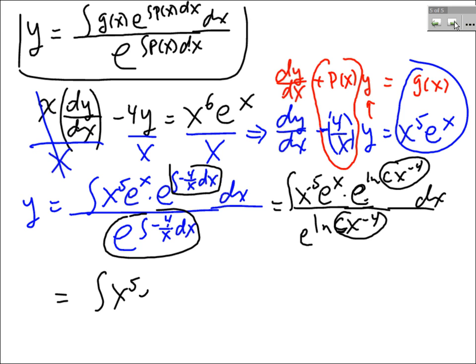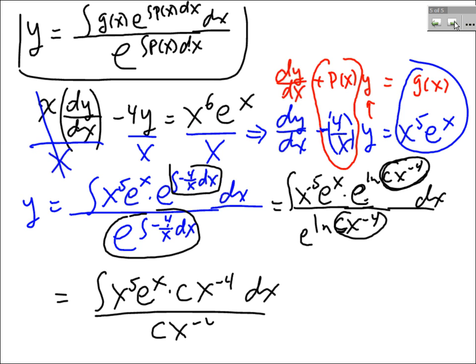You get x to the 5th, e to the x, e times e to the ln of that. Well, it's just that, dx. And the bottom is just that. Now, this constant can come out in front, and it's the same as that one. So that kind of cancels.